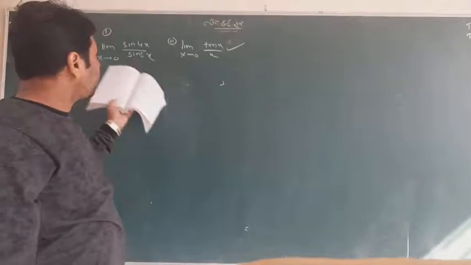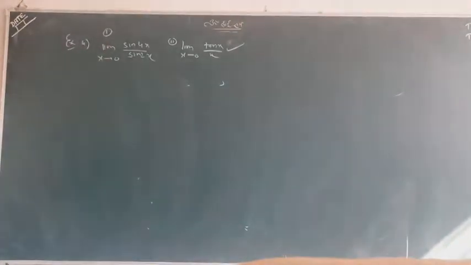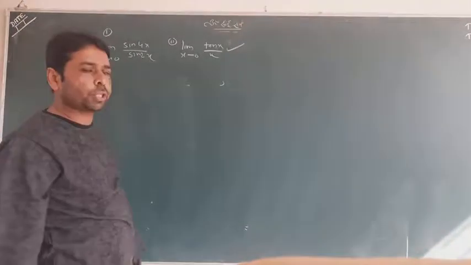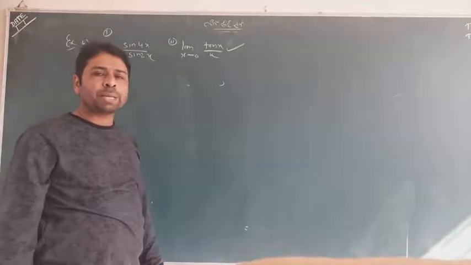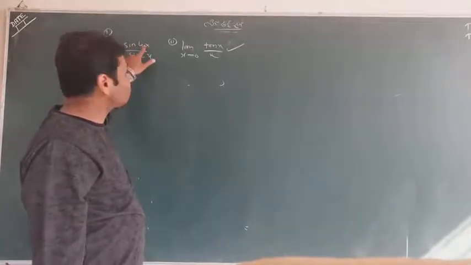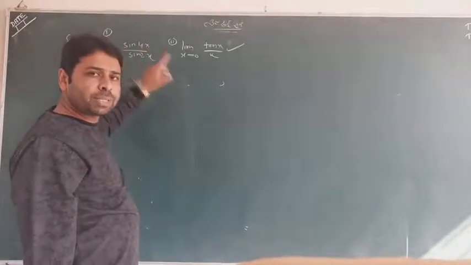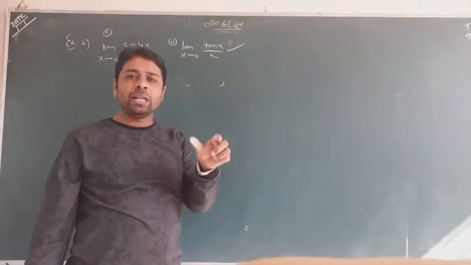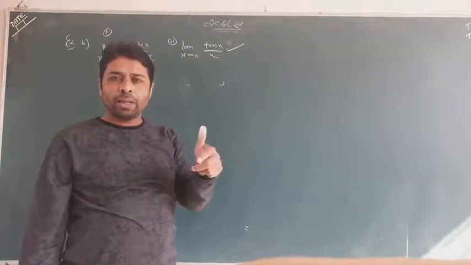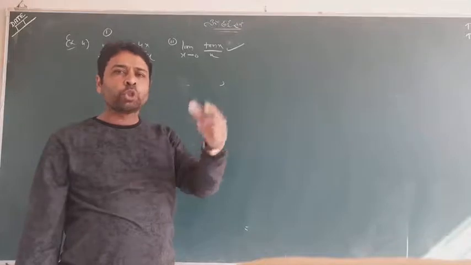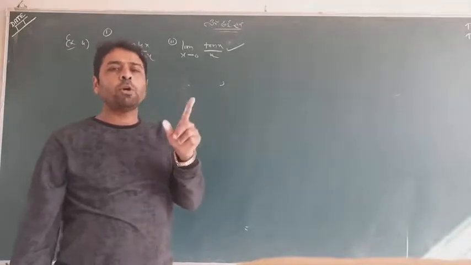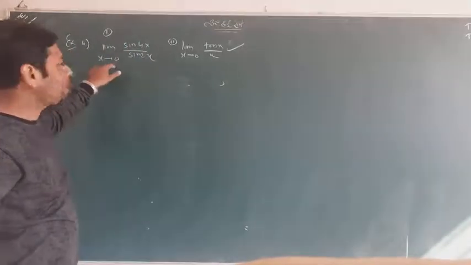Okay, now I want to tell you about sin 4x upon sin 2x. This is a very simple question. I taught you whenever sin is coming, whatever the angle, the same number should be in the denominator, and the whole will be called 1 under the limit x tends to 0.